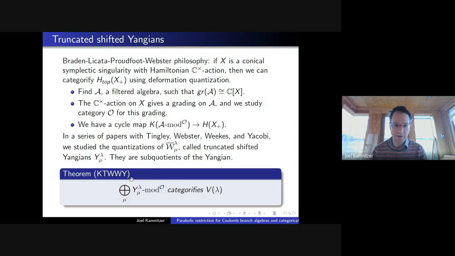And moreover, this cycle map will give us a map from the Grothendieck group of this category O to V_λ. And that map won't usually be an isomorphism. Actually, this Grothendieck group will be something more like a tensor product representation rather than the irreducible representation. So there's a slight discrepancy here.